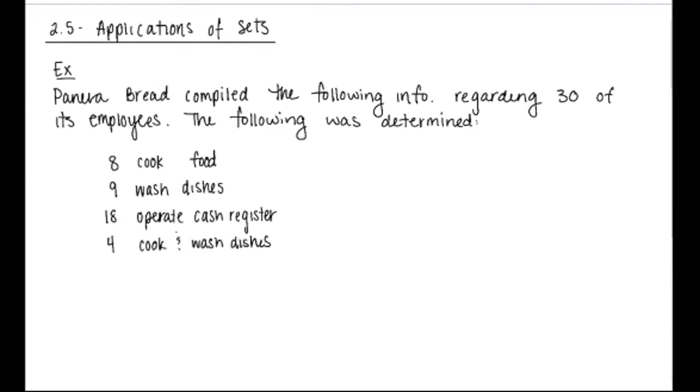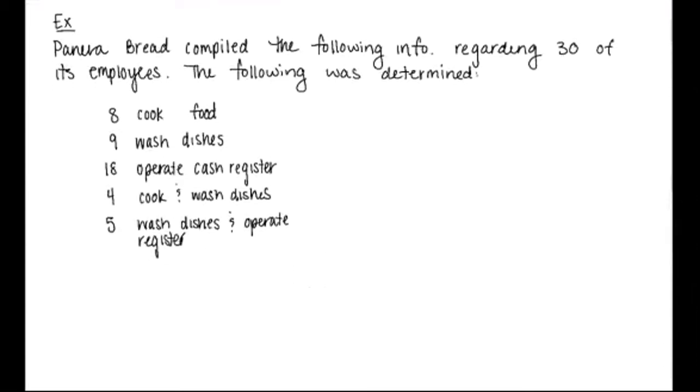There are 5 people that can wash dishes and operate the register. I'm going to put this on a new line so I can draw my Venn diagram next to it. There are 3 people that can cook and operate the register. And then there's 2 people that can do all 3 jobs.